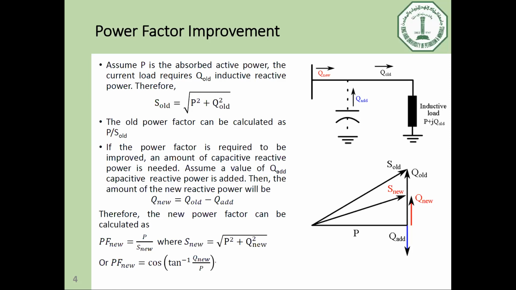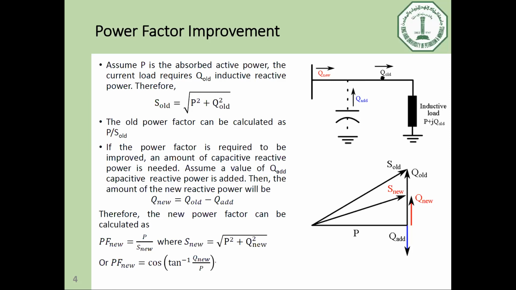Actually, it's clear here because of the flow. As you can see, if you make a node on the figure here, at this part, what is the flow of Q? Q new and Q add, both of the arrows go to this point, right?